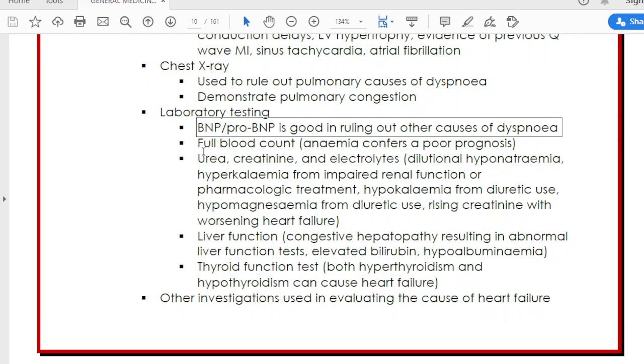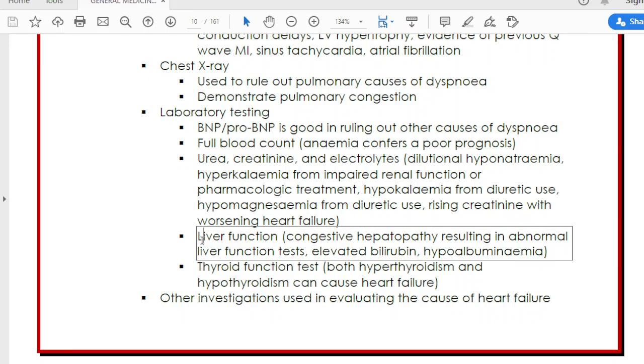Laboratory testing. BNP/proBNP is good in ruling out other causes of dyspnea. Full blood count: anemia confers a poor prognosis. Urea, creatinine, and electrolytes: dilutional hyponatremia, hyperkalemia from impaired renal function or pharmacologic treatment, hypokalemia from diuretic use, hypomagnesemia from diuretic use, rising creatinine with worsening heart failure.